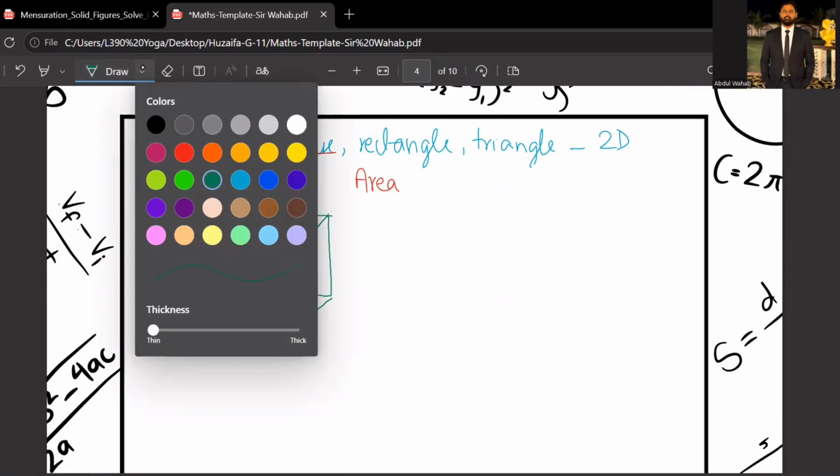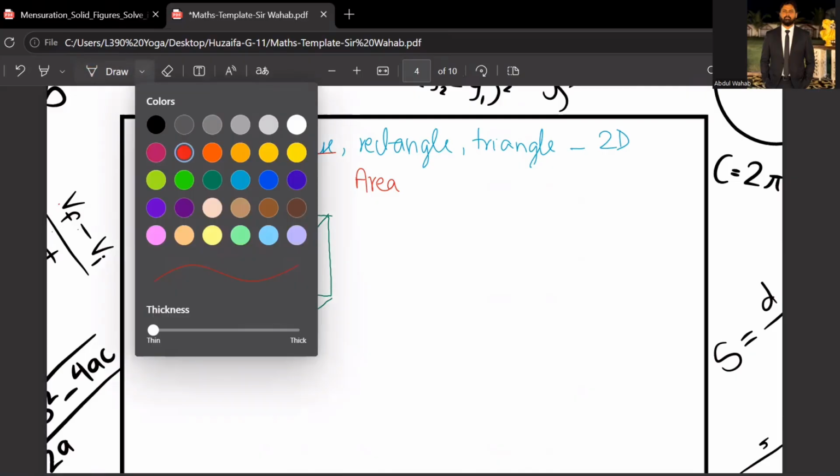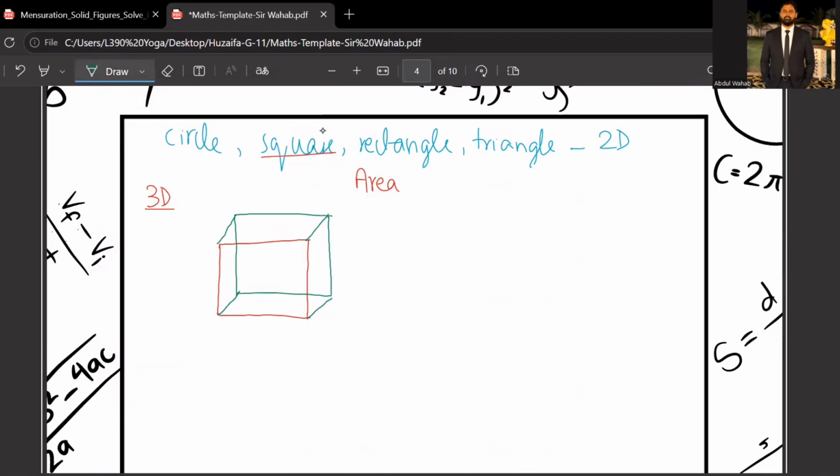Now, from the square, what do we get? We get a cube. Square is a 2D figure, and from the square we get a cube, and cube is a 3D figure.